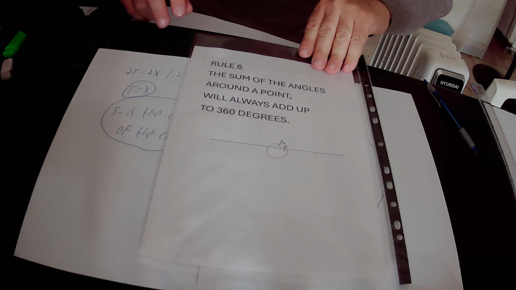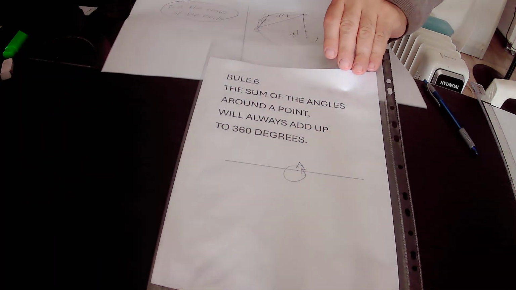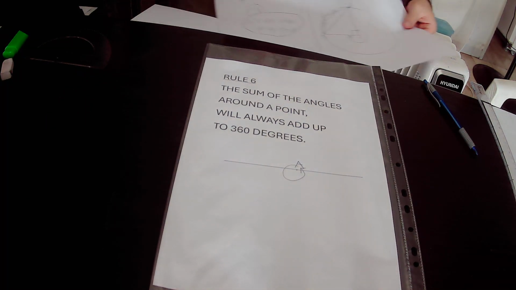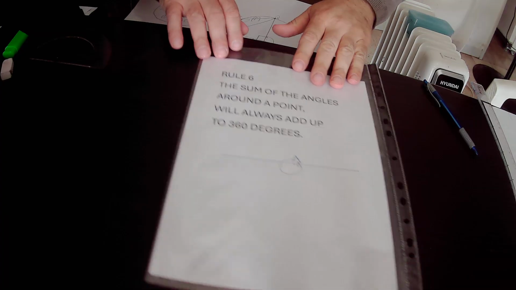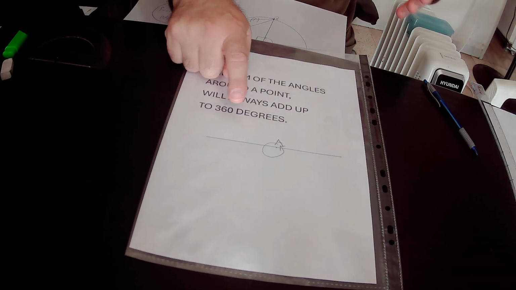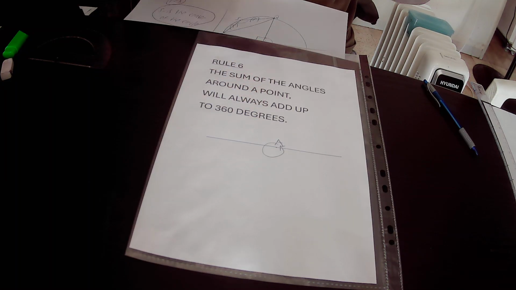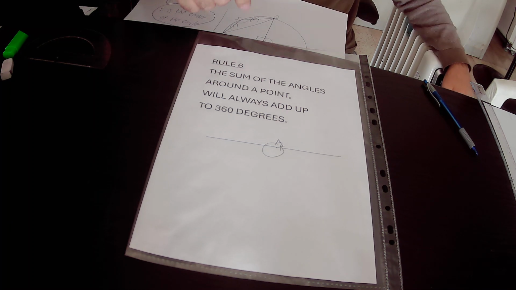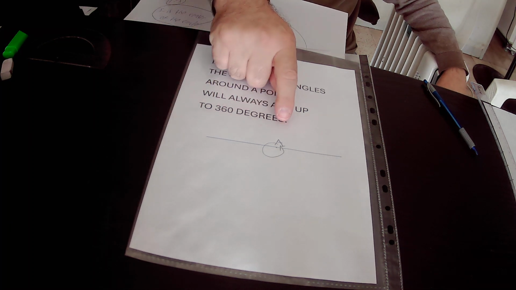In order to prove that this rule number 6 is true, I draw this straight line that passes through point A. Now we can implement rule number 3. According to rule number 3, the sum of the angles on one side of a straight line is equal to 180 degrees. So in the upper side of this straight line at point A, the sum of the angles must be equal to 180 degrees.